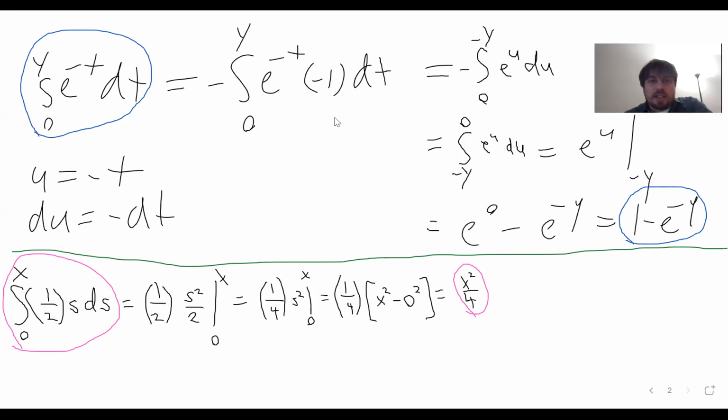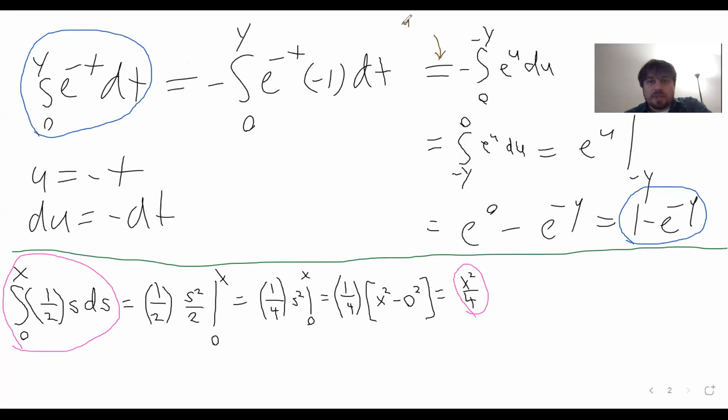So let's go back. Use substitution. Yes, Kishan, right? I use substitution right here. This was where the substitution happened. Oh wait, no, I made it here. This is where I used substitution.